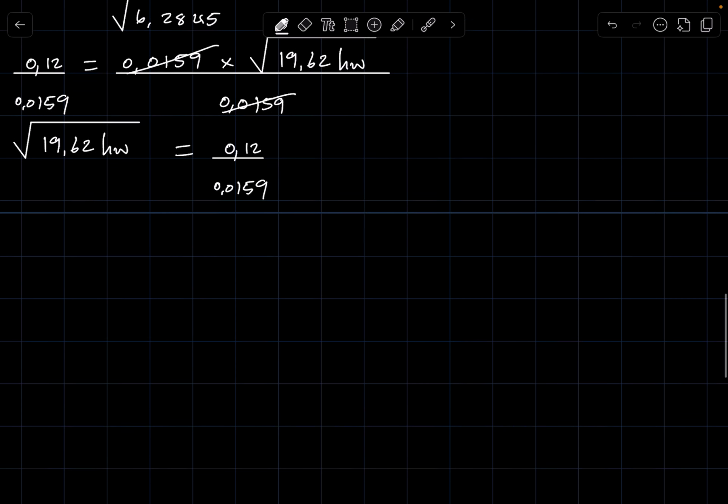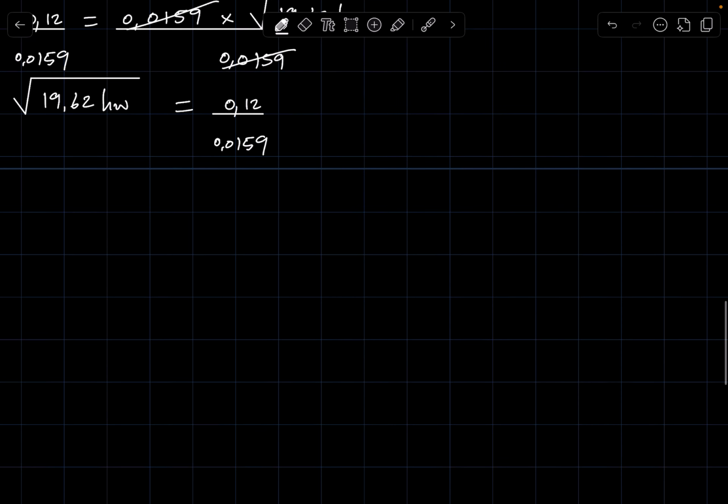Now I get rid of the square root by applying a square on both sides.